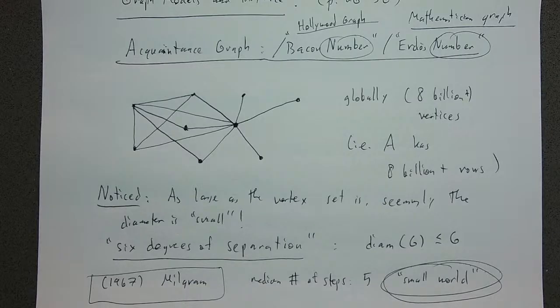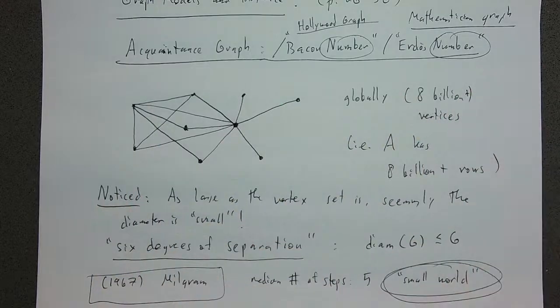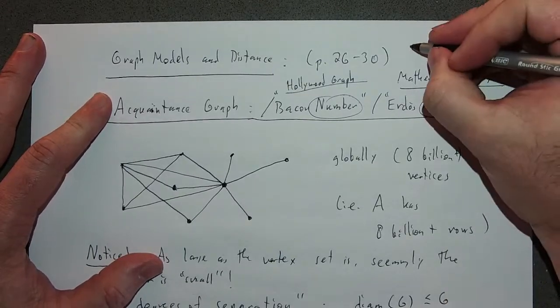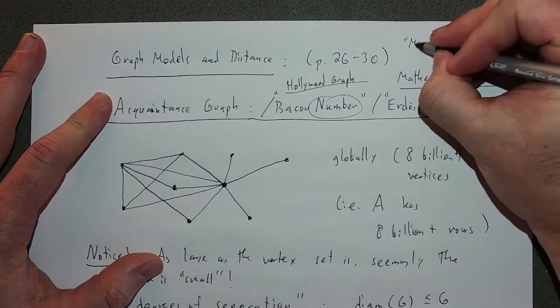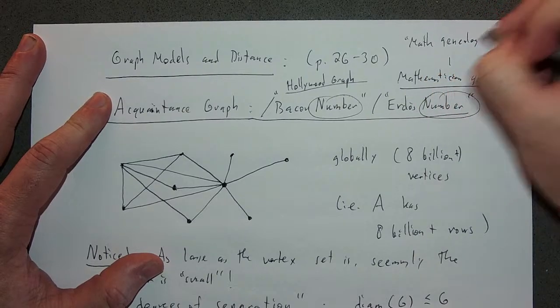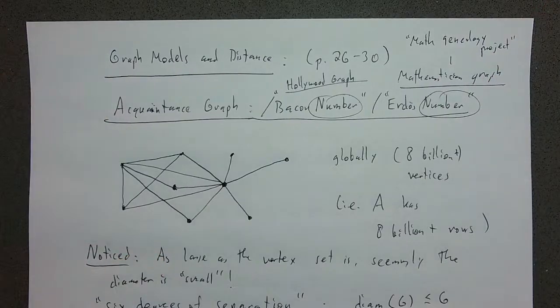Okay, and so here's the thing, though. In all of these cases, in fact, there's a really funny project that I really enjoy. It's the math genealogy project, which basically tracks who was whose PhD advisor in math.